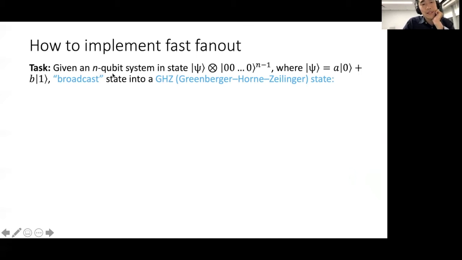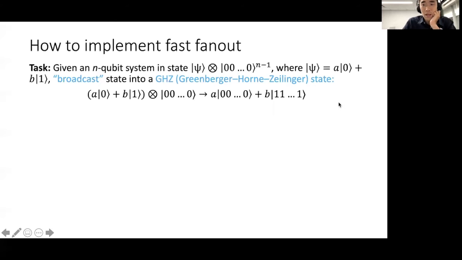If you are given an n-qubit system that starts in a product state of psi tensor product with all zeros, where psi is some superposition of 0 and 1 with coefficients a and b, then the task of broadcasting the state psi into a GHZ state is this operation here, where you take the single qubit superposition into this macroscopic superposition over the all zeros and all one string with the same coefficients present in the original state.